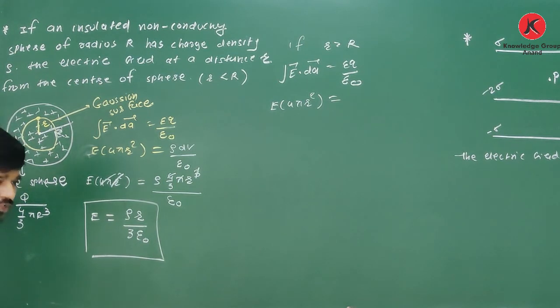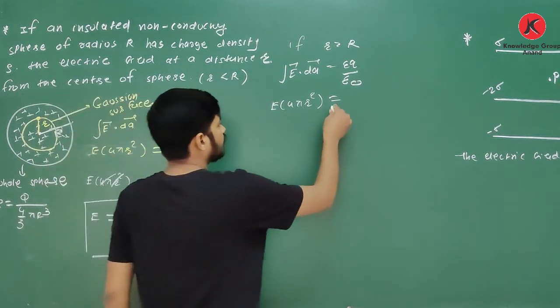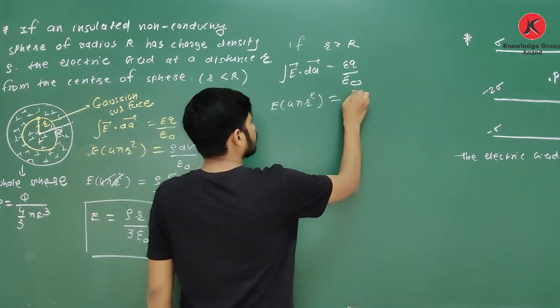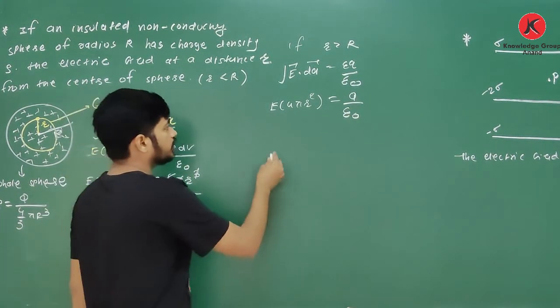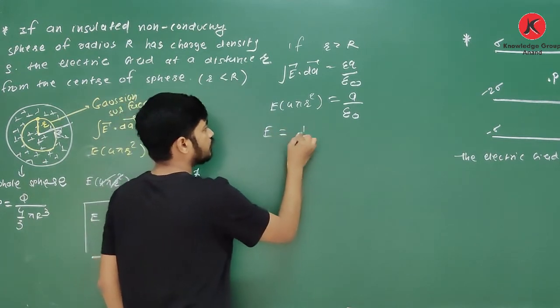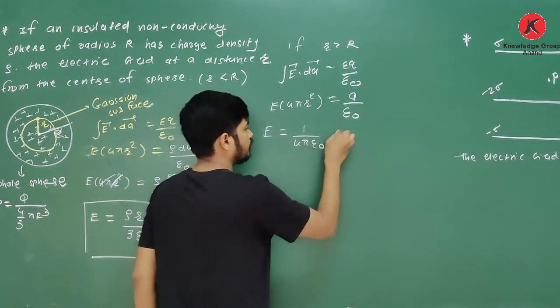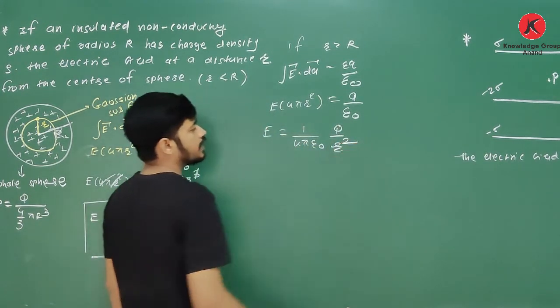So in that case, the equation is q upon epsilon 0. So what is E? E is equal to 1 upon 4 pi epsilon 0 times q upon r square.